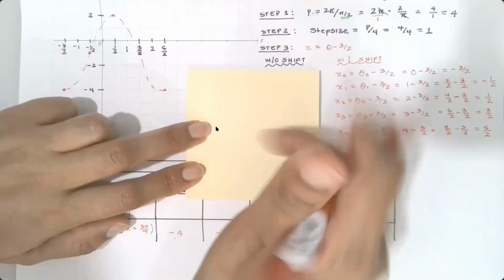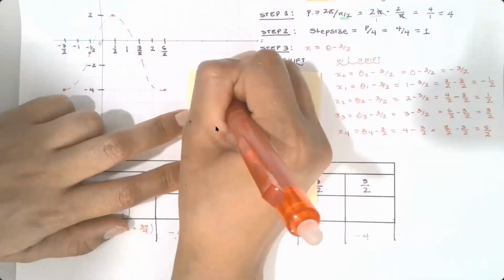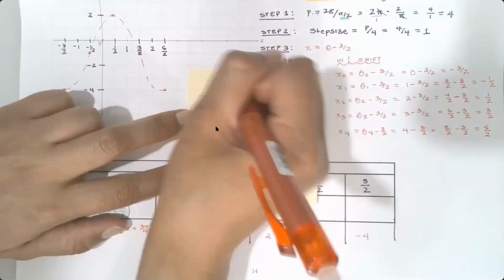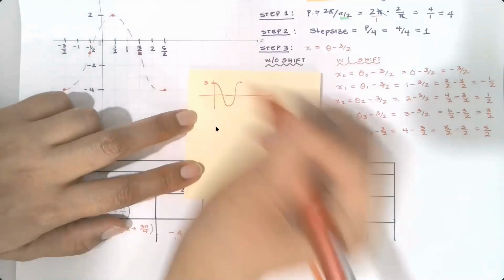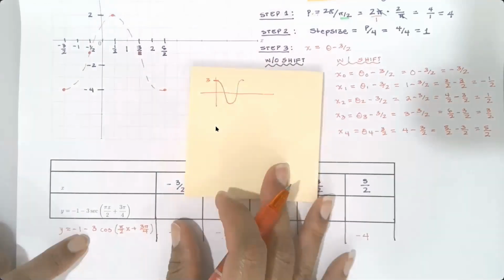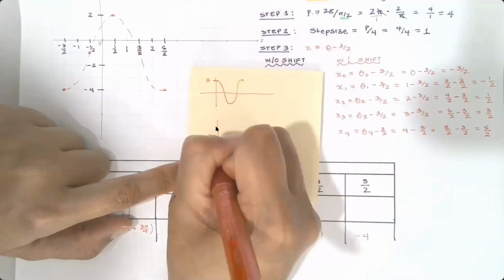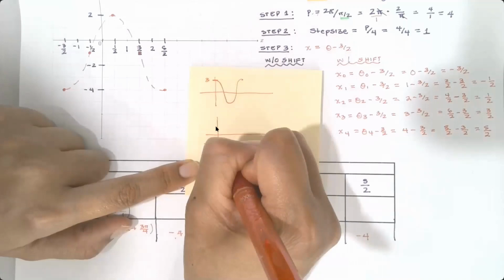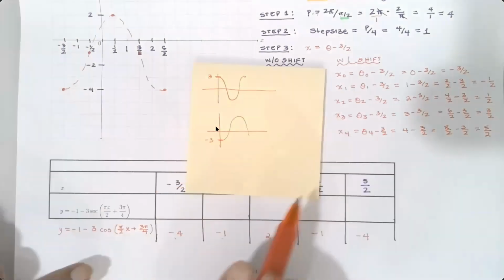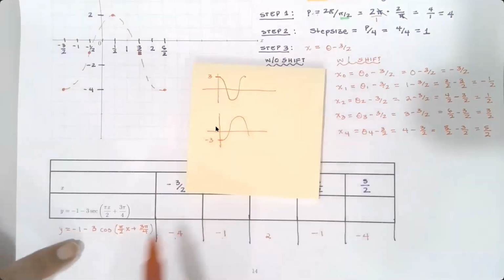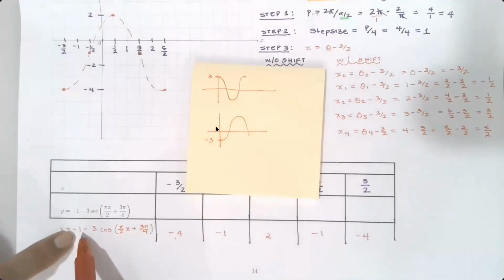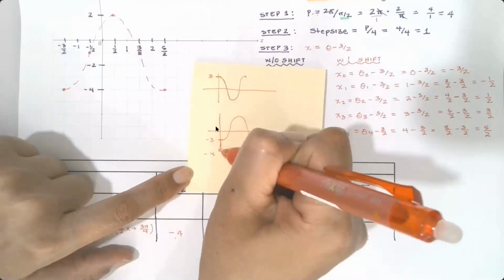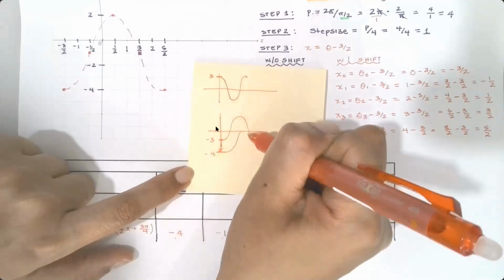Usually cosine begins up in the positive y direction and then goes down and then back up, so usually it would begin at 3. Because of this negative, it's going to be reflected, so it's going to start at negative 3 and go like this. On top of that, we have a downshift of negative 1, so this is going to get pushed down to negative 4. So it's going to look something like that.